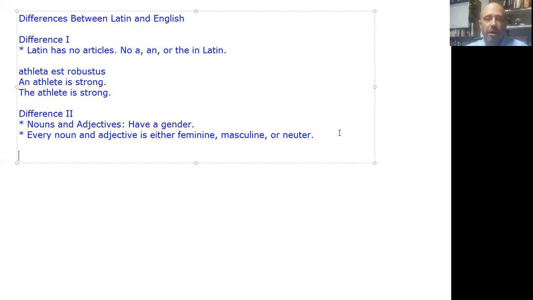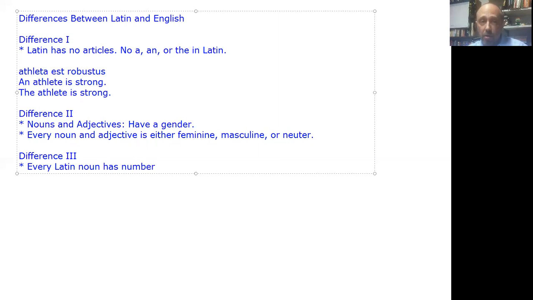Now, when we talk about Latin nouns, some of this isn't really a difference, but some of it is, right? Every Latin noun, and by extension adjective, because adjectives go with nouns and they follow the same rules, most of the time at least, every Latin noun has number. This is singular or plural.